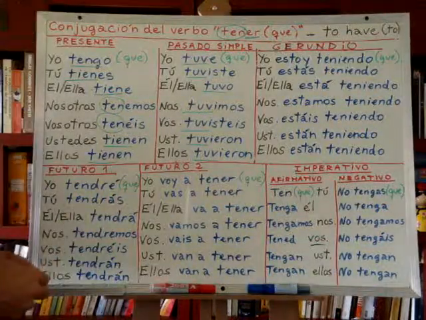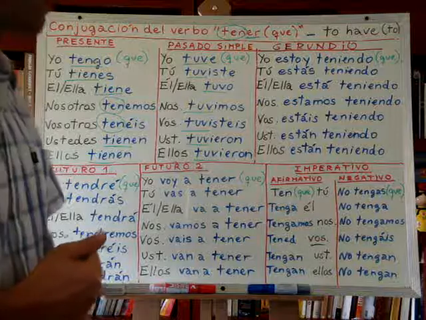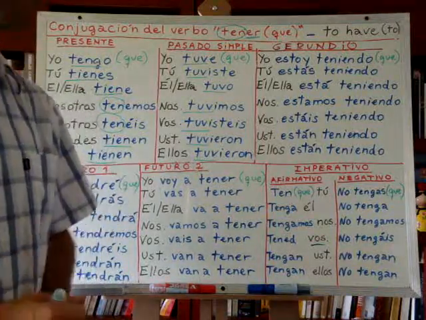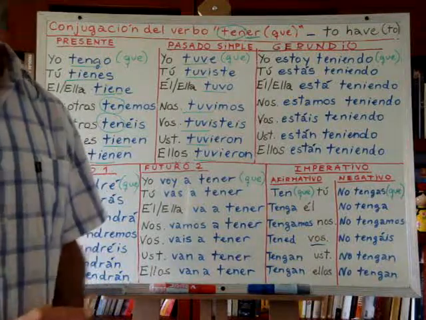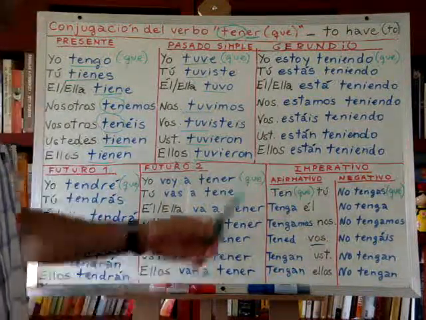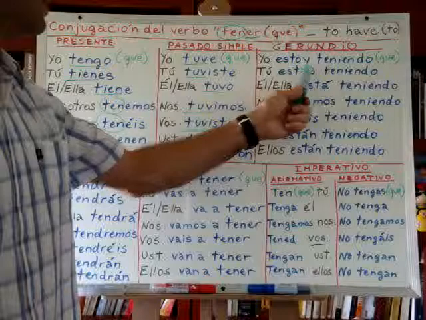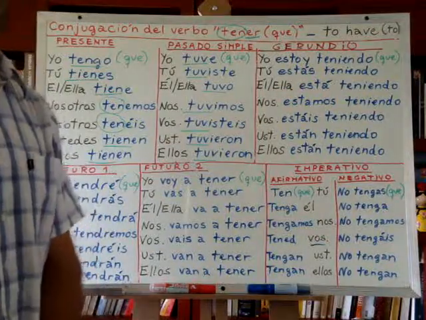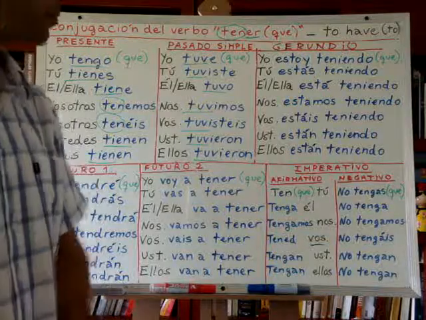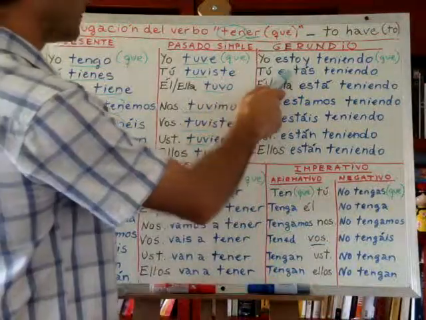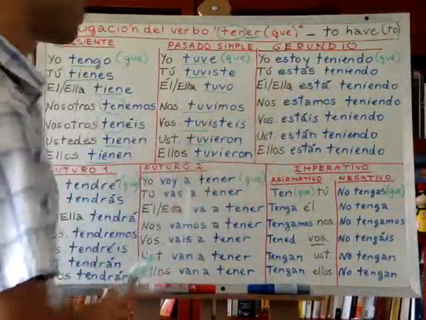Now let's see the present continuous, right? I am having to, or I am having, right? Yo estoy teniendo, or yo estoy teniendo que. I am having, or I am having to. Tú estás teniendo.